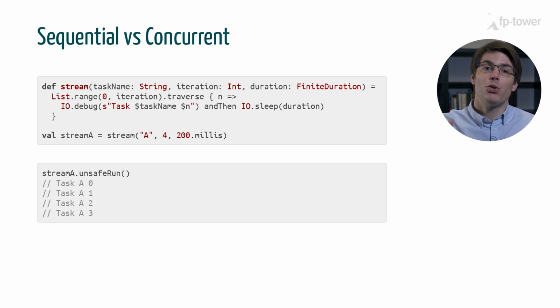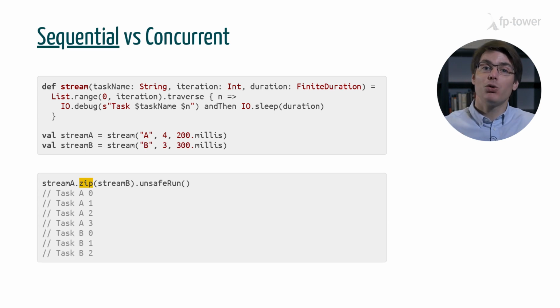Here I define the method stream, which prints a message to the console, sleeps, and then repeats this a few times. For example, stream A will print a message task A0, sleep 200 milliseconds, then print task A1, sleep 200 milliseconds, and so on. Now if we combine stream A and stream B using zip, we see all messages for task A and then all messages for task B. This shows that zip is sequential, as stream B only starts when stream A is complete.